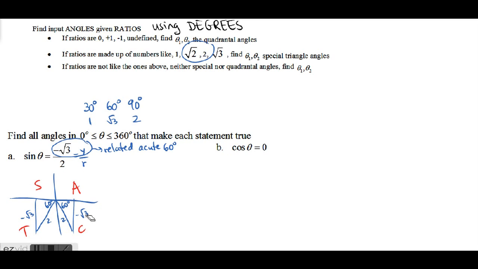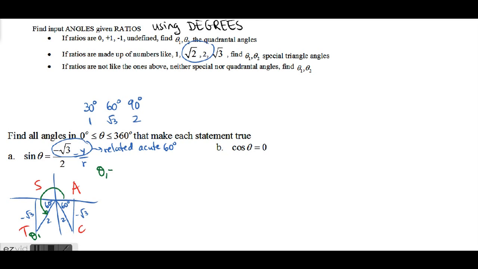So now that you have the related acute angle and the positions in quadrant 3 and quadrant 4, all you have to do now is quote the angles. For this first rotation, remember we always want to quote from 0 to 360, so we don't want to rotate in a negative direction. We want to rotate in a counterclockwise direction. This first one right here, I'm going to call theta 1.